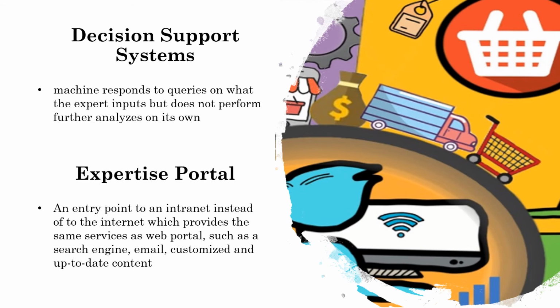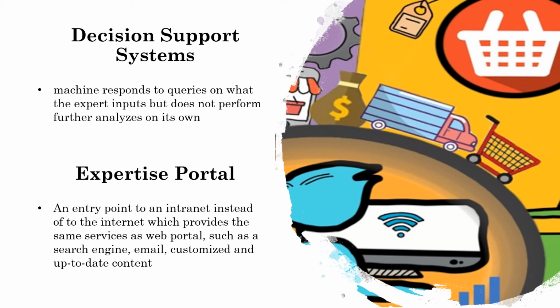The decision support systems and the expertise portal. So the decision support system, or the DSS, has one advantage and limitation in that it is user driven. So it means that the machine responds to the queries based on what the expert inputs, but does not perform further analysis on its own.